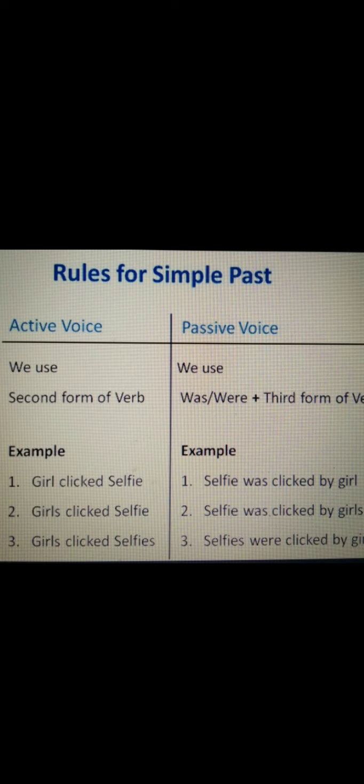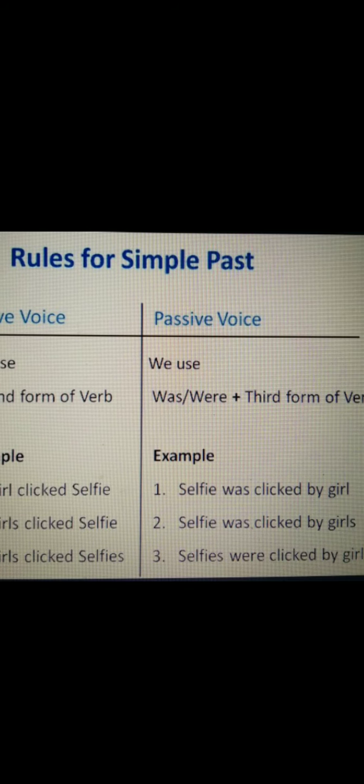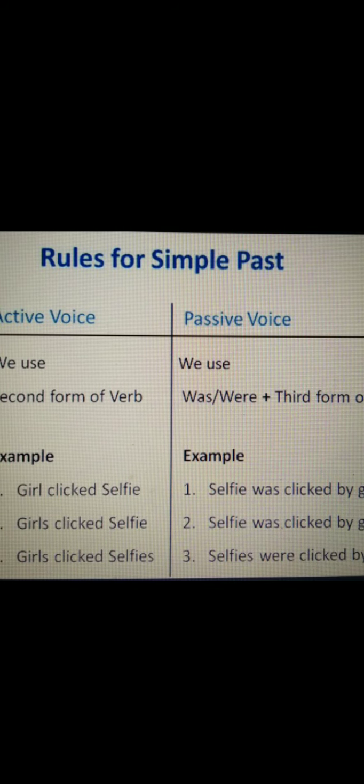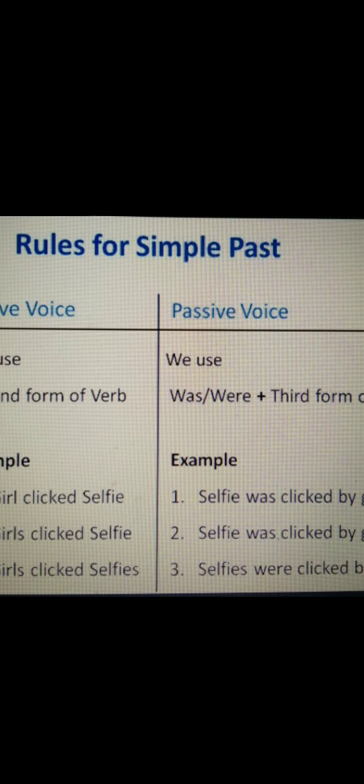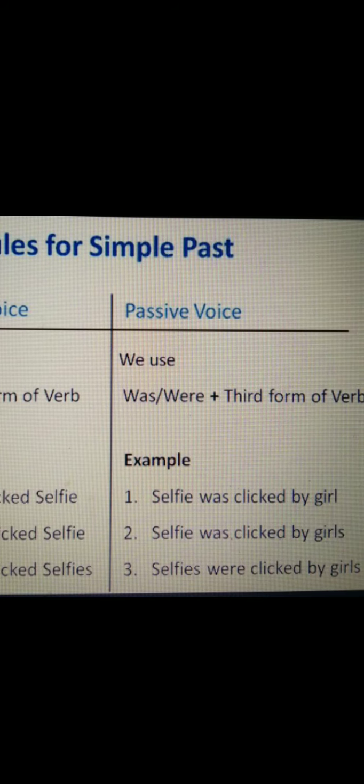This is the active voice of simple past tense or past indefinite. In passive voice we will convert the object into subject, that is selfie. Because selfie is singular, we will write here was.